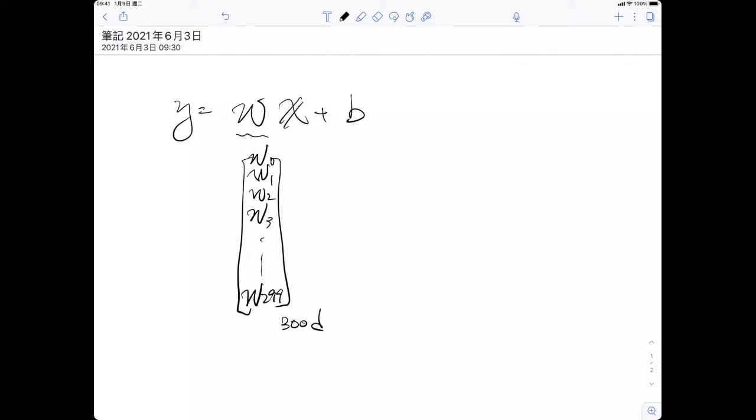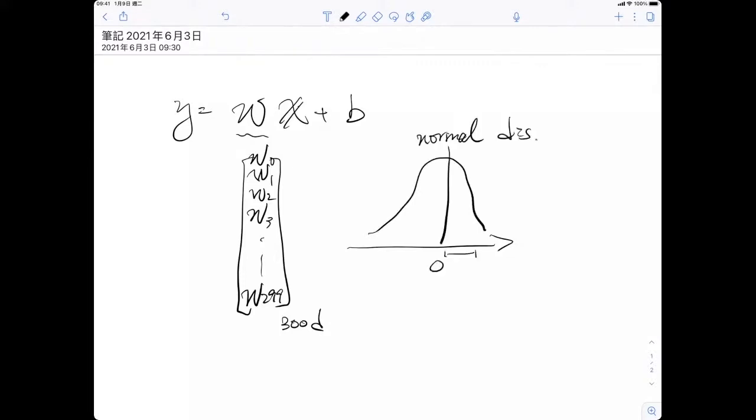TensorFlow or Keras simply use a normal distribution with mean 0 and standard deviation 1.0.